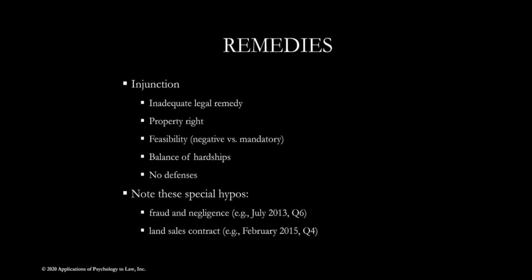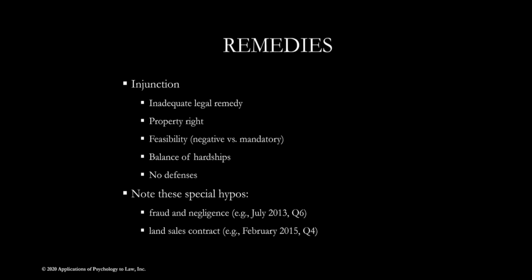And then we list a couple of special hypotheticals that you probably ought to go back and take a look at. The first thing you see listed there is the kind of hypothetical that involves fraud and negligence. A lot of times that'll involve property, like a classic fact pattern that involved the sale of, I believe it was a condo.